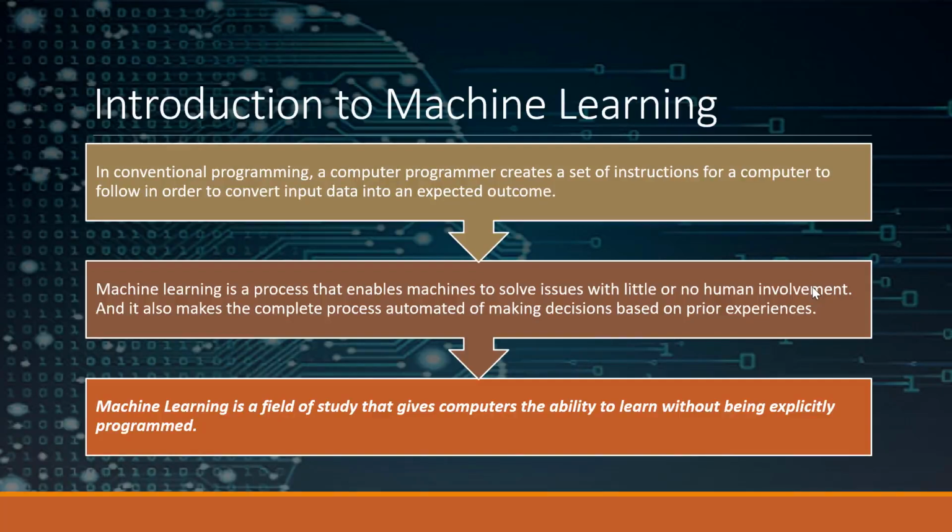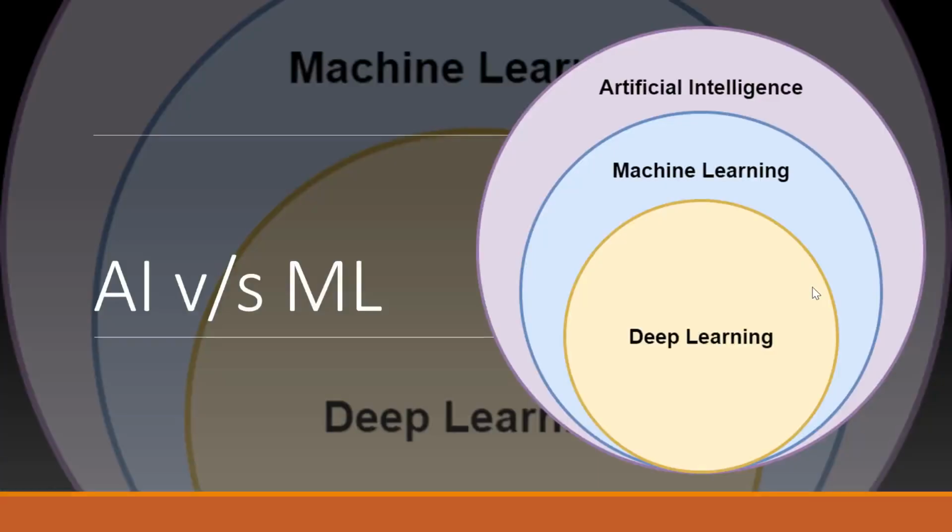Now, here is the formal definition of machine learning which was proposed by Arthur Samuel. It states that machine learning is a field of study that gives computers the ability to learn without being explicitly programmed. Now, many people consider machine learning and artificial intelligence as same, but it is not true.